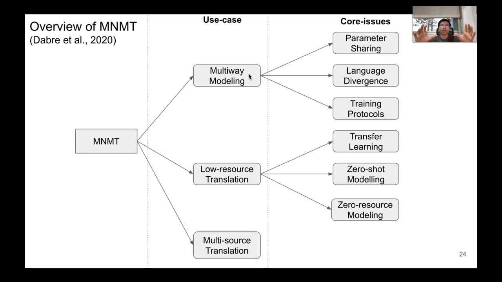So we have a multiway corpus and how to do MLMT learning. And the second category is low resource. And the last one is multi-source. And in multiway modeling, we are going to talk about 3 core issues: how to do parameter sharing, how to deal with language divergence, and how to train them. And in the low resource training, we are going to talk about transfer learning, zero-shot modeling, and zero-resource modeling.